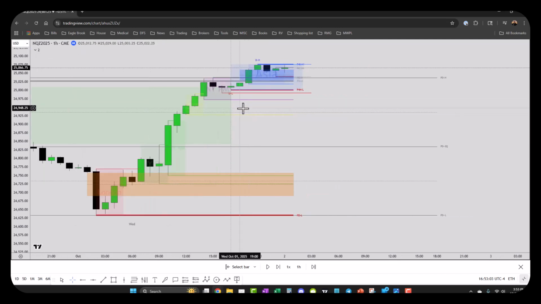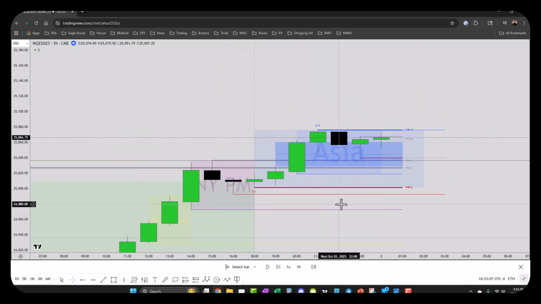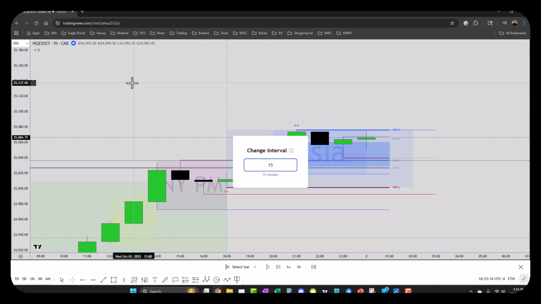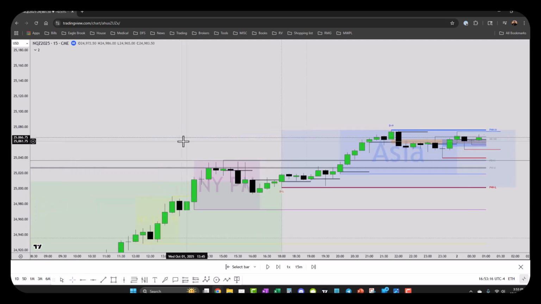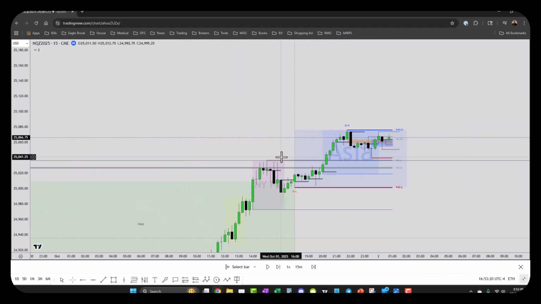So, this is all based on the hourly chart, so we'll zoom in here. Drop down to a 15-minute. So there's what we're looking at.